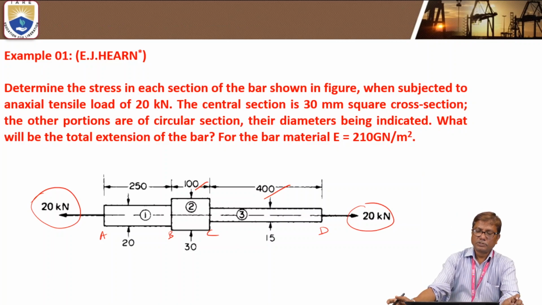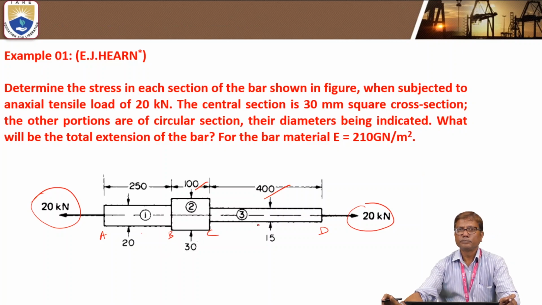Okay. So if you consider the free body diagrams of each of these part 1, part 2 and part 3, each of them will be subjected to the same tension of 20 kilonewtons.